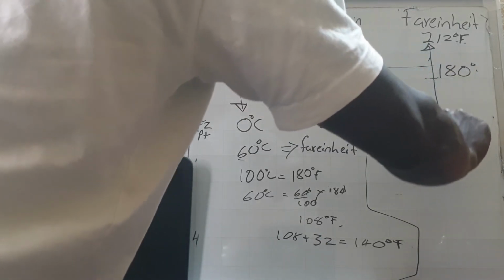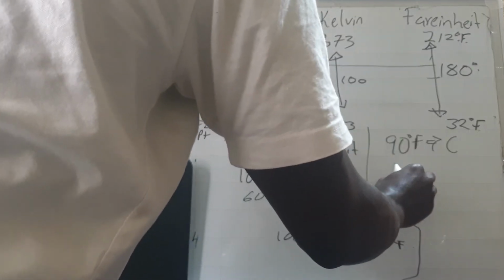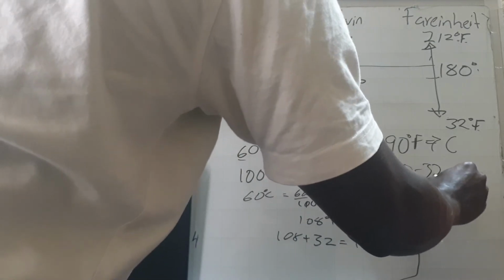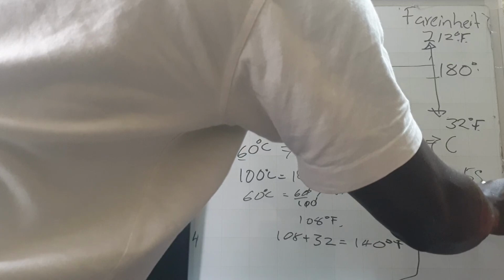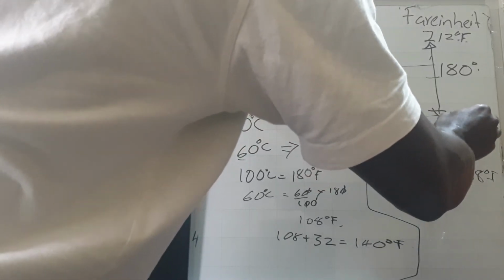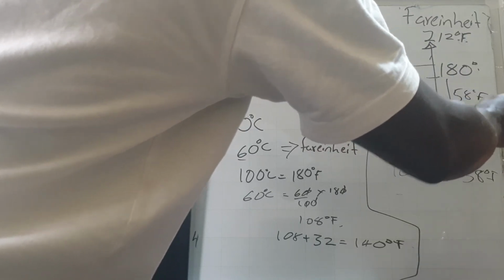It's not 90 because you're not starting at 0, you're starting at 32. So you need to do 90 minus 32 first. Then you get 58 degrees Fahrenheit. So from here to where 90 is, it is 58 degrees Fahrenheit.